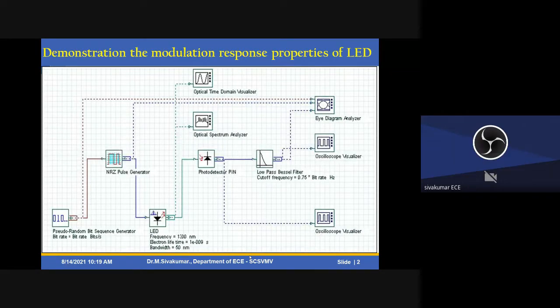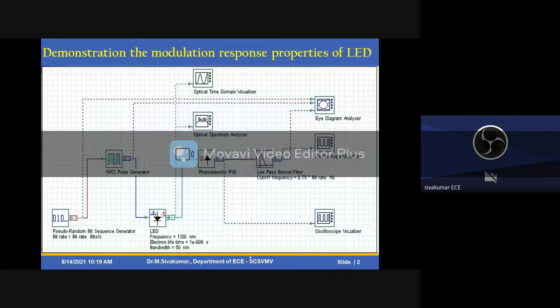Just analyze here the PRBS generator, that is the pseudo random bit sequence generator. Here itself we can set the bit rate. For example, we are applying 100 Mb per second or 300 Mb per second.